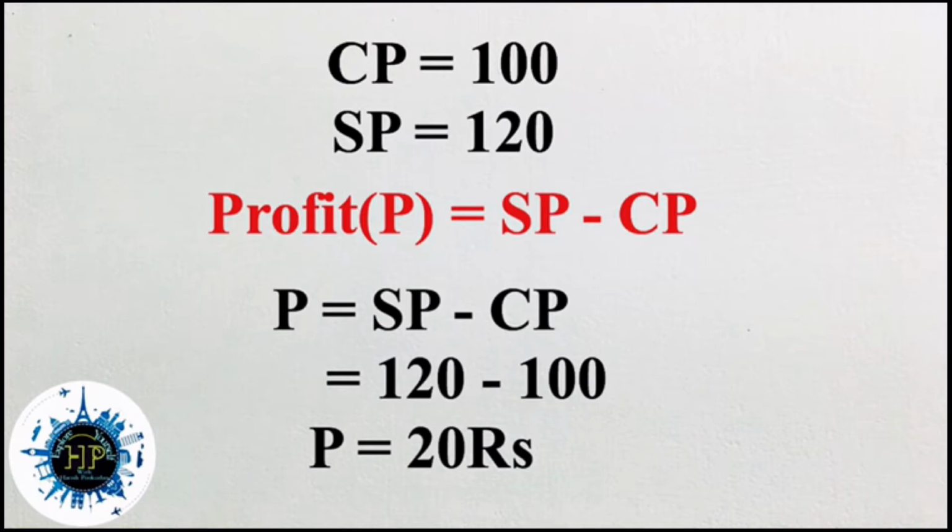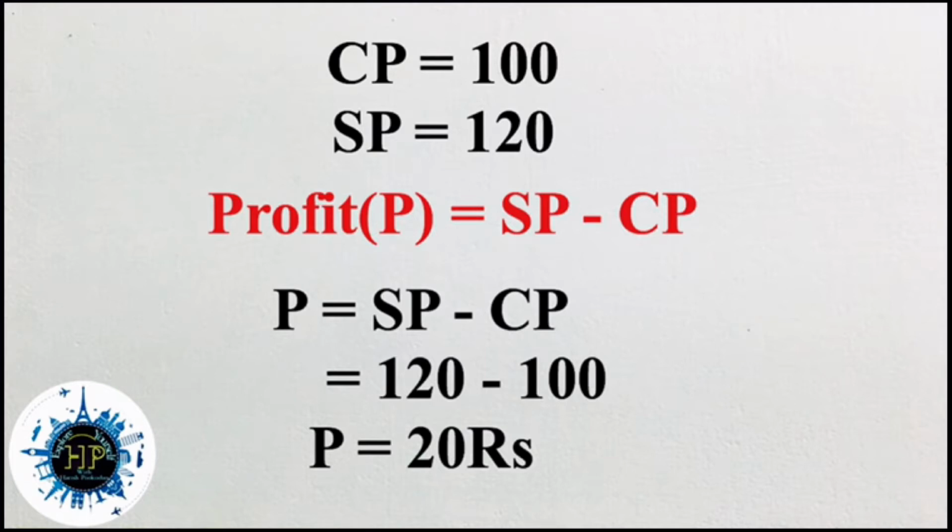That means profit is equal to, there is an equation, profit is equal to SP minus CP, that is selling price minus cost price. That is 120 minus 100, which is 20. 20 is the profit. You bought a bag for rupees 100 and you are selling it for rupees 120, that means you got 20 rupees as profit.